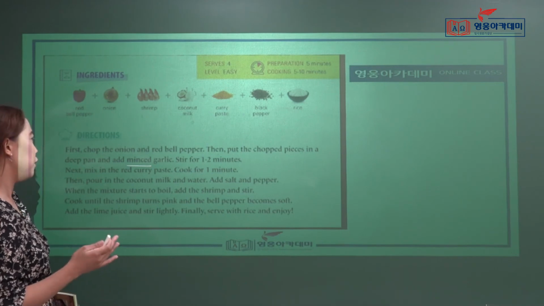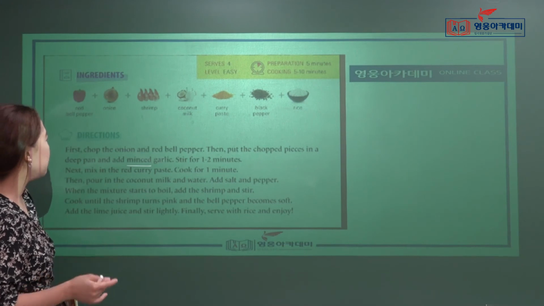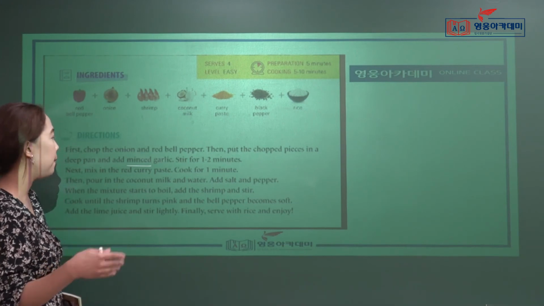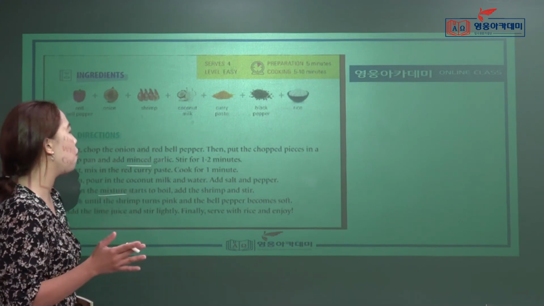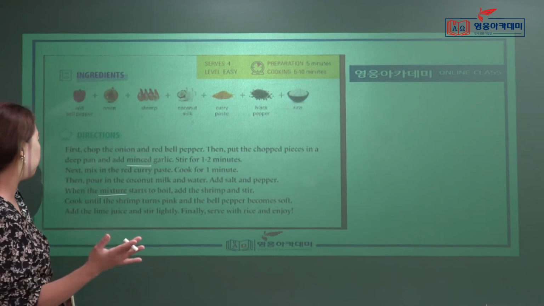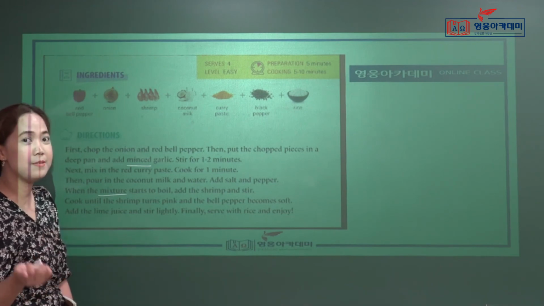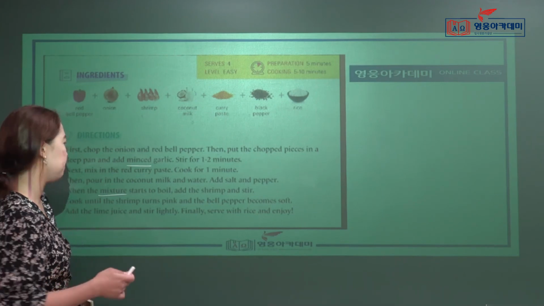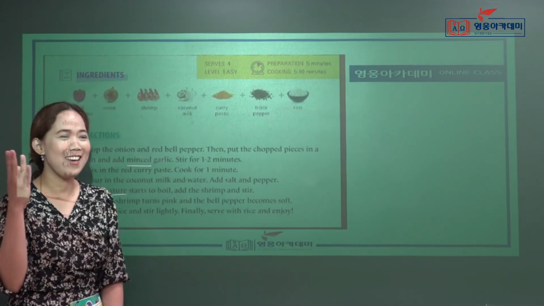Next, mix in the red curry paste. Cook for 1 minute. Then, pour in the coconut milk and water. Add salt and pepper. When the mixture starts to boil, add the shrimp and stir. Cook until the shrimp turns pink and the bell pepper becomes soft. Add the lime juice and stir lightly. Finally, serve with rice and enjoy.